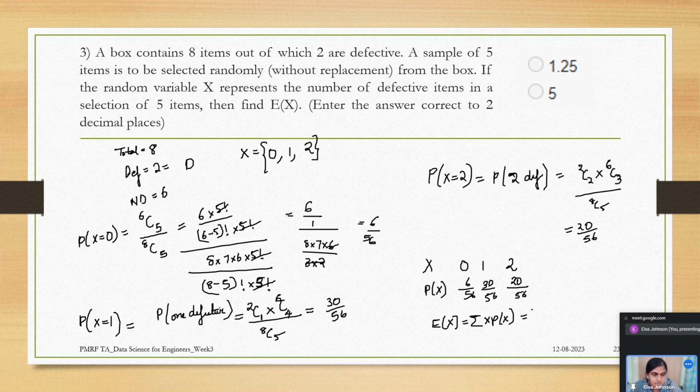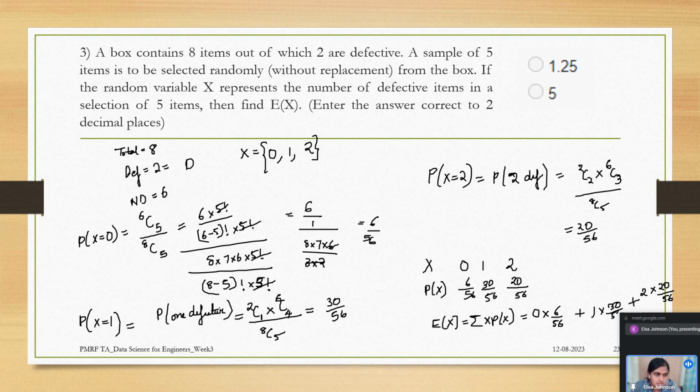So you have 0 into 6 by 56 plus 1 into 30 by 56 plus 2 into 20 by 56.